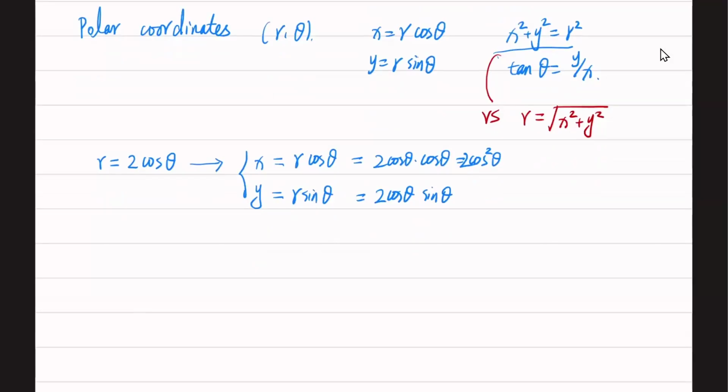If we use this double angle formula, what we get is, what's the double angle formula for cosine? 2 cosine squared. And this one.